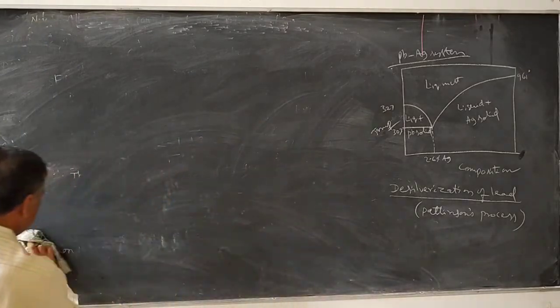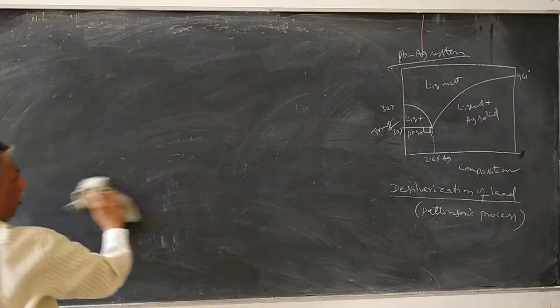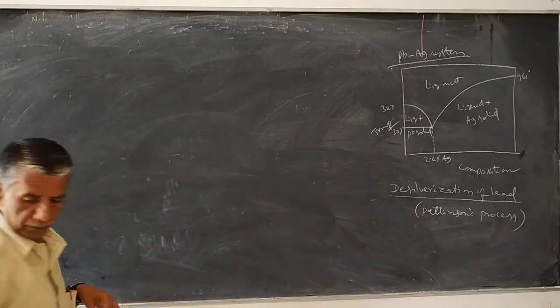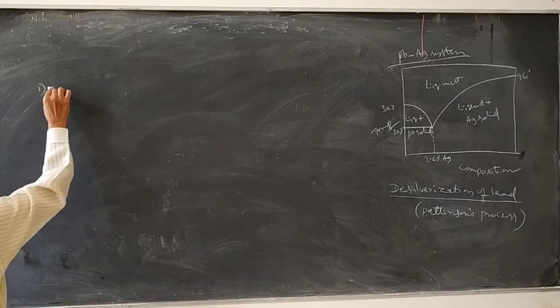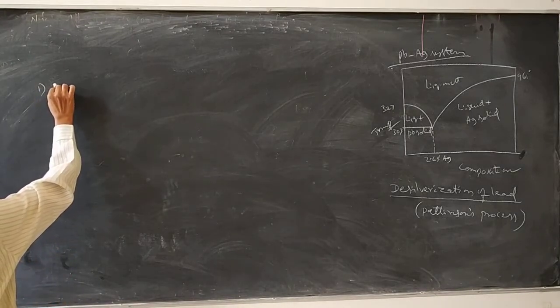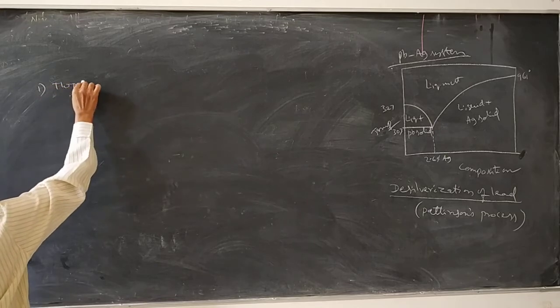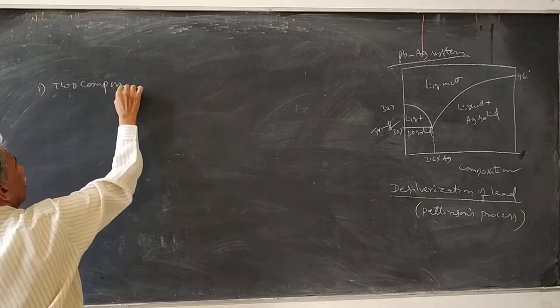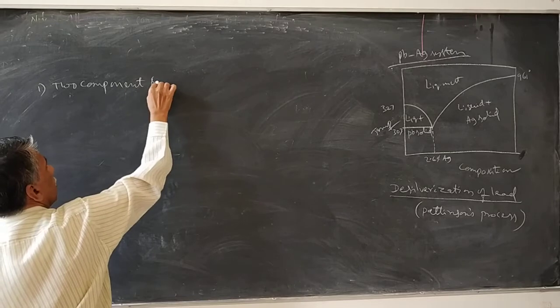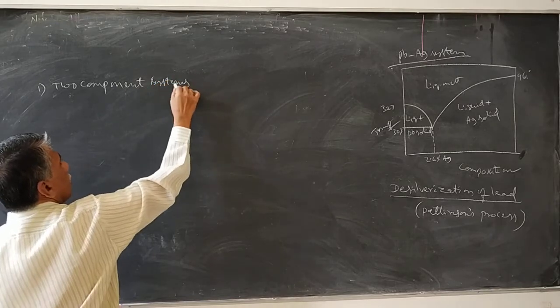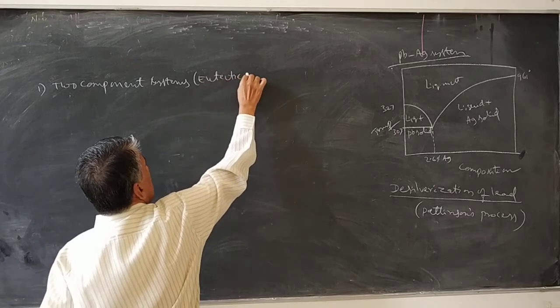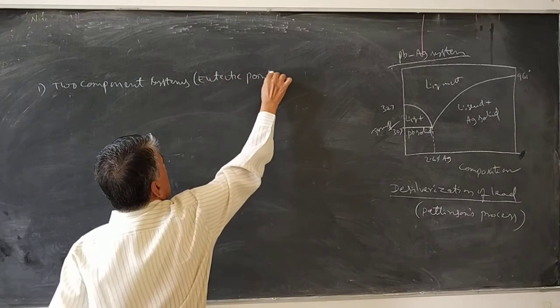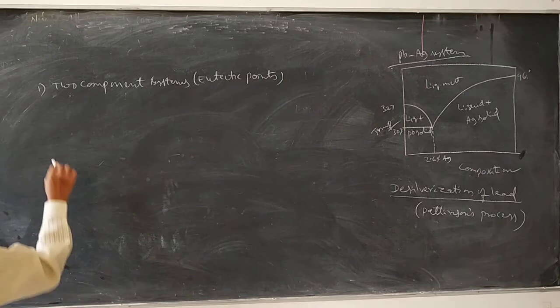Now we should take up the examples of two component systems. If you take the examples of two component systems, we have three cases. First case, two component systems with eutectic points.